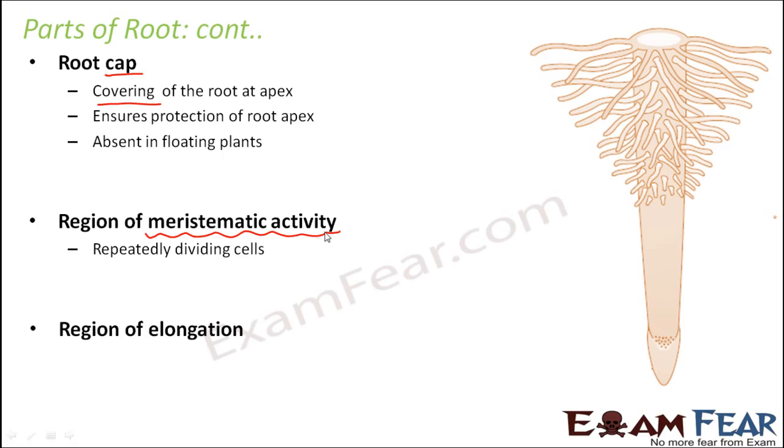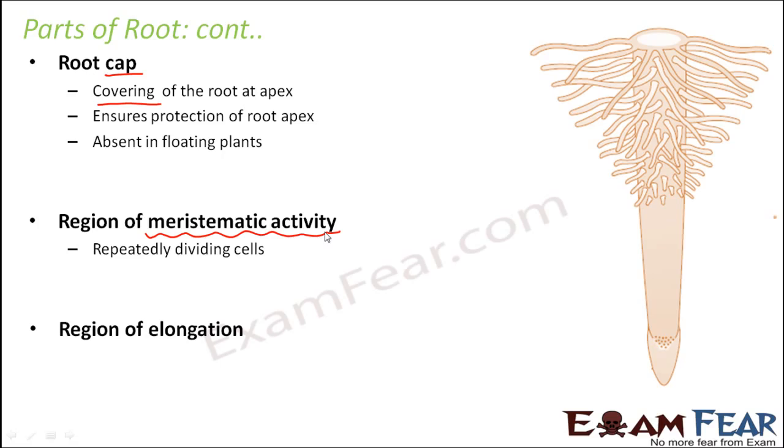Since the root grows, and the root performs so many functions, there have to be specialized regions inside the root for each of these functions. How will the root grow? For growth, there has to be some cell division, and new cells have to be formed. Again, those cells have to grow and increase in size. All these things happen in different areas.